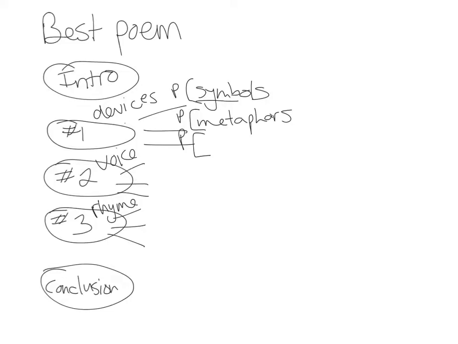So where you had 3 little examples, those become paragraphs. And then you can expand on those and make them deeper and make them better. So each of these will now have quotes and examples, right? And that's basically, in a nutshell, how you take a 5-paragraph essay and expand it out.